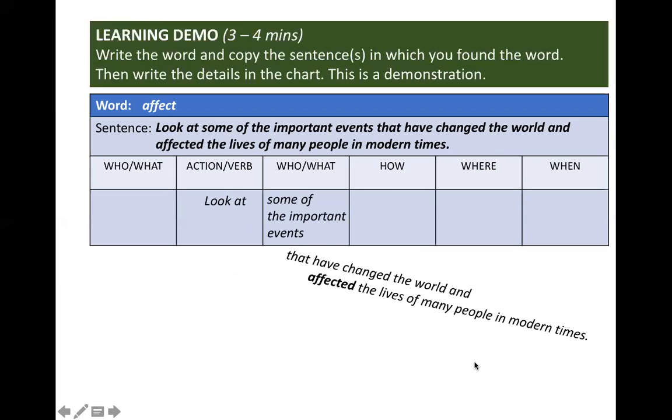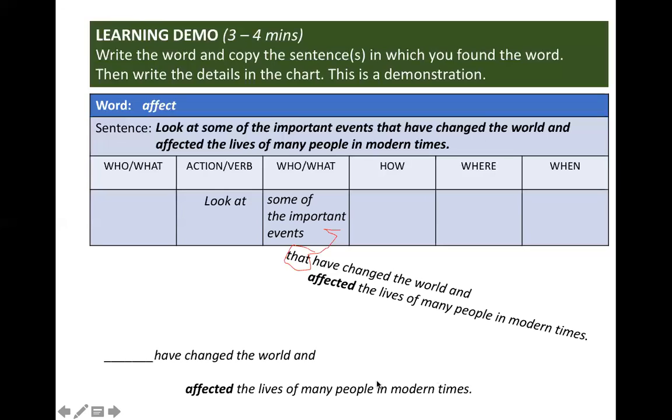Now, let's think about the word that. That is a relative that refers to the detail. Sometimes the clause might appear in the how or the where or the when or the who and the what here, but this one appears here. So this whole clause is talking about this detail.